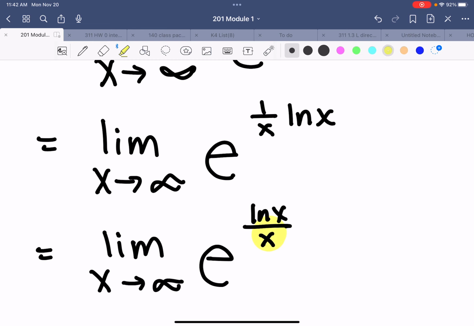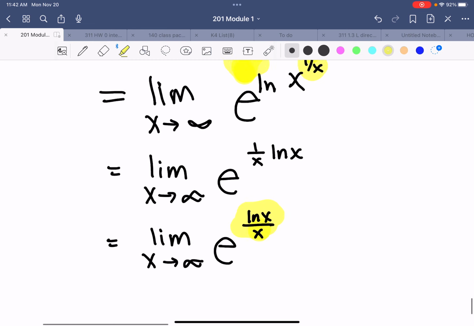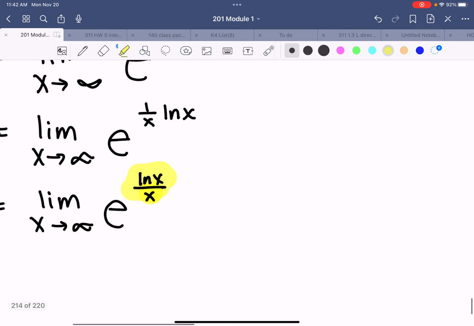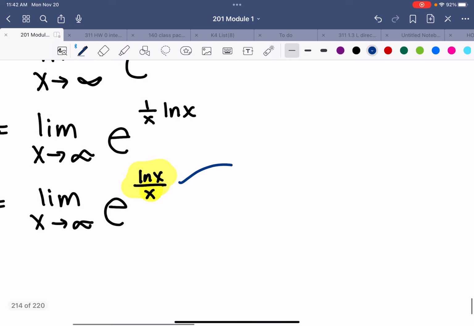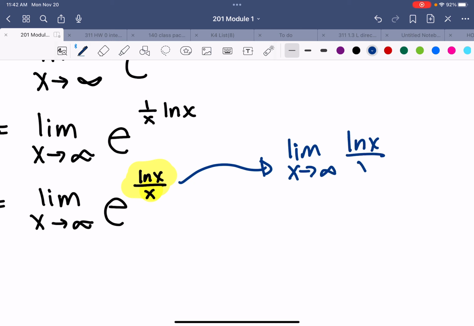And now this is my fraction that I can use L'Hopital's rule with. So I'm going to go over here to the side, the limit, and we just did this, but we'll do it again, of ln of x over x. That's infinity over infinity. So we can use L'Hopital's rule. That's 1 over x all over 1.